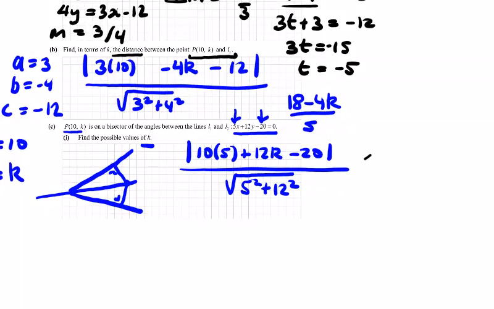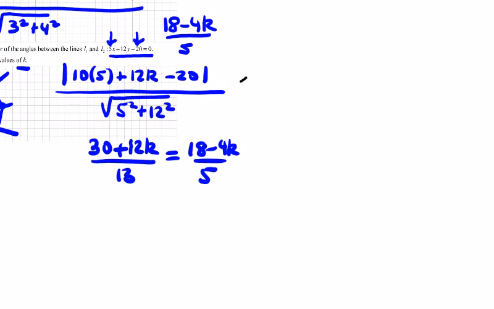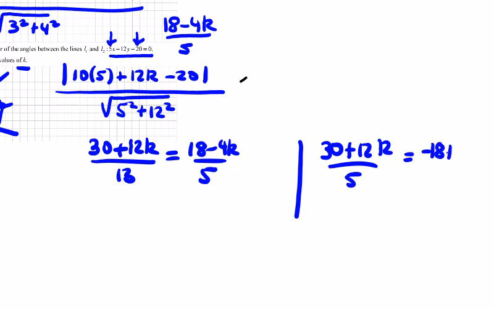So possible values of k, so let's simplify it down. 50 minus 20, 30 plus 12k over 13 will be equal to the positive version of above, 18 minus 4k over 5, or 30 plus 12k over 13 will be equal to the negative version of the top, so we'd have minus 18 plus 4k over 5.